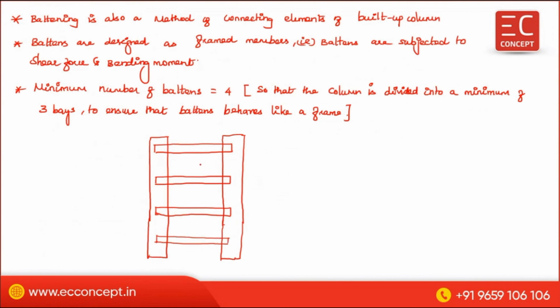How many bays are there? This is bay 1, this is bay 2, this is bay 3. So the minimum number of battens we have to use is 4, so that we can make at least 3 bays.